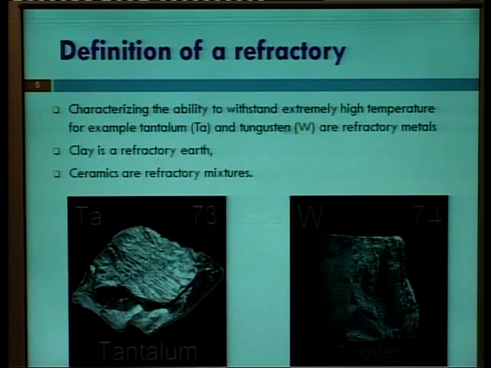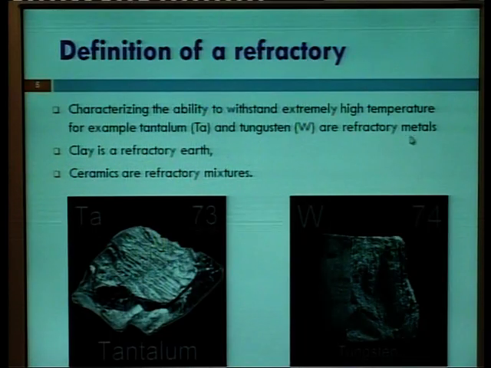They have extremely high temperature withstanding capacity, and therefore, though they are elements, they are also called refractory metals.